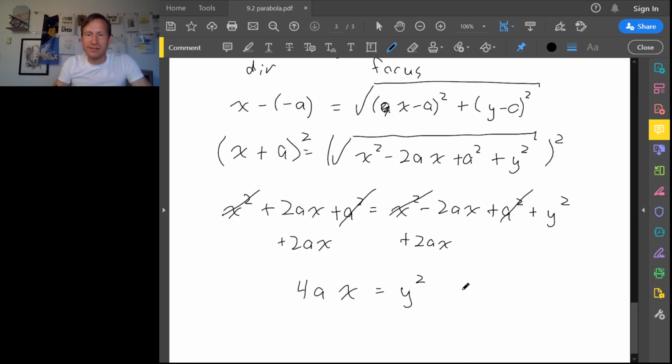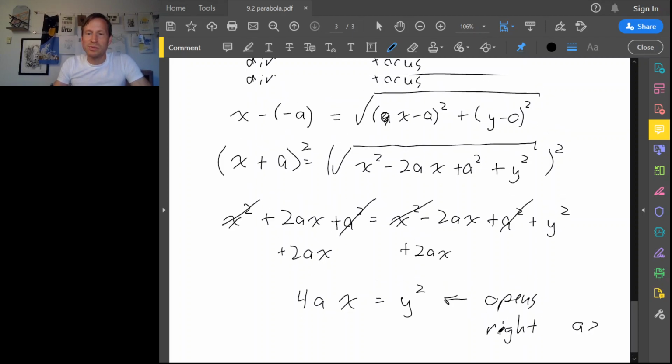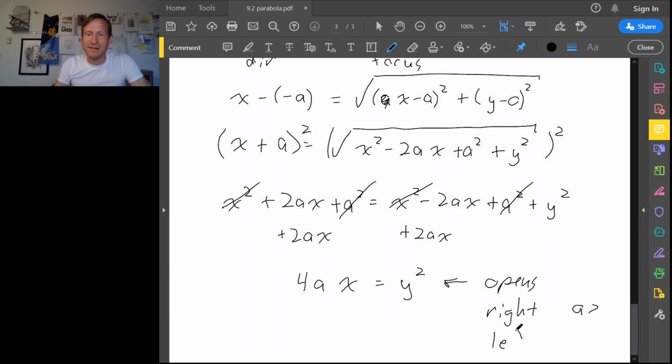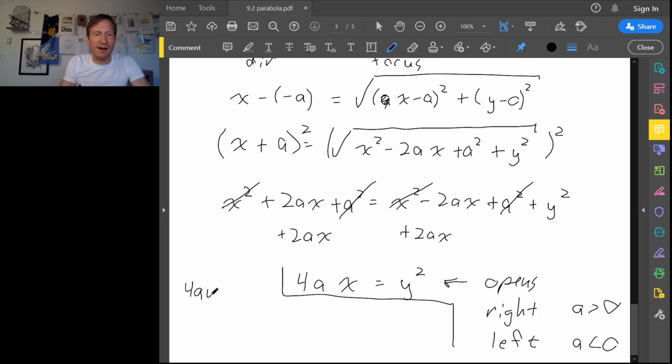So this is the equation for a parabola that opens to the right if a is positive, and it opens to the left if a is negative. Compare that to the first equation that we got for a parabola, which was 4ay equals x squared.